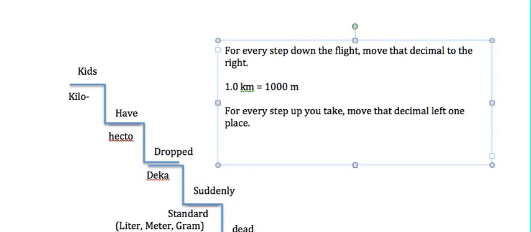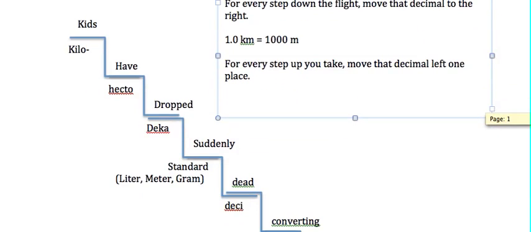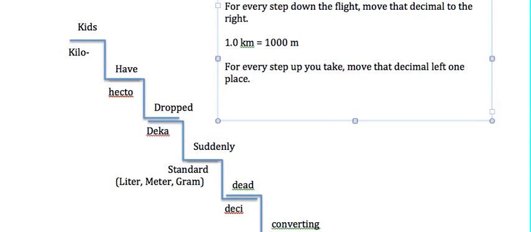So let's say you have 10 decimeters. And notice how the d is lowercase, that indicates the deci. And I want to know how many hectometers that is. So I'm starting at deci and I have to get up to hecto.